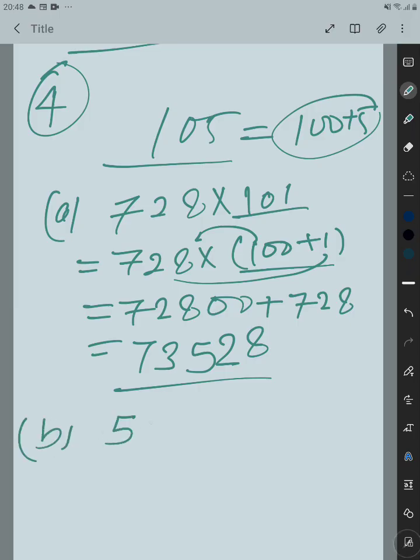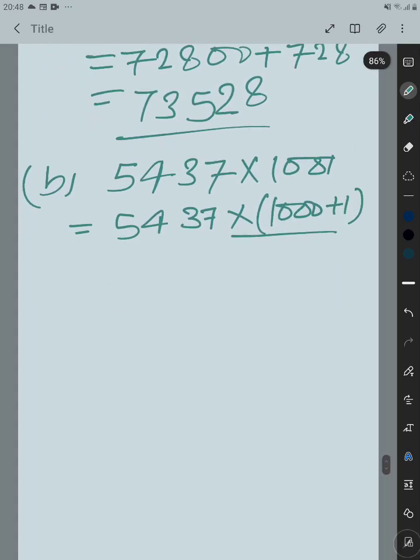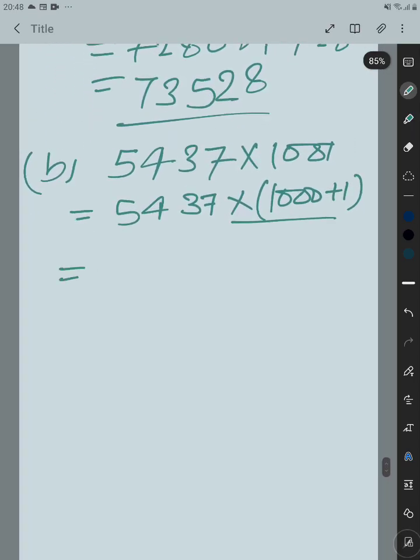B is 5437 multiplied by 1001. In the same way, 1001 can be written as 1000 plus 1. We have distributed 1001 like this. Now this can be multiplied to both, first this and then this.